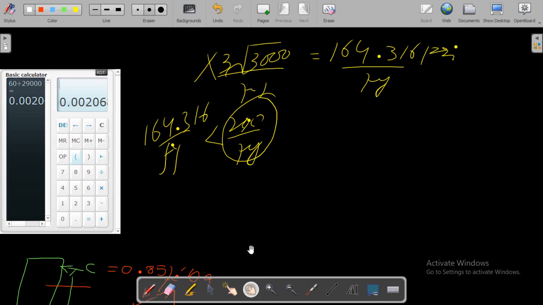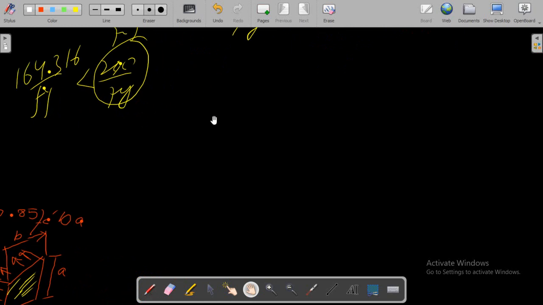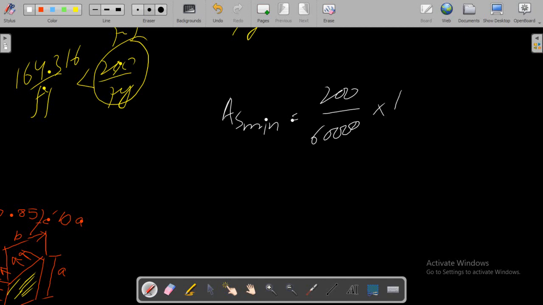So using that value, 200 divided by fy, let us find the minimum area of steel. Let us recalculate it: 200 divided by fy, that is 60,000, times bw into d. Here is the question: what will be the desired width of the section?